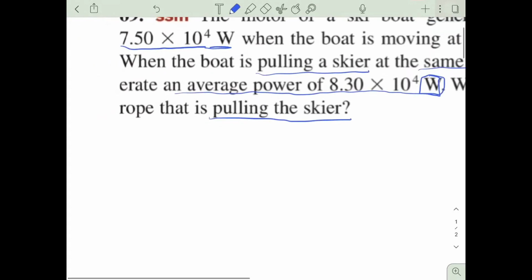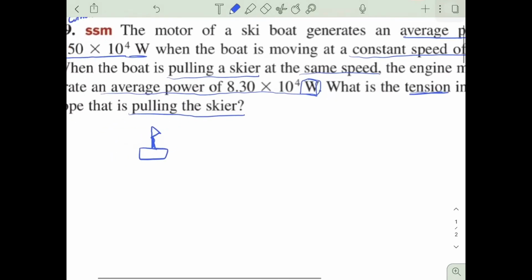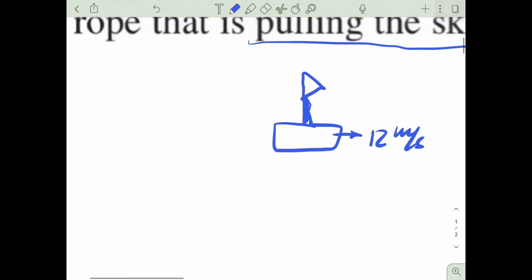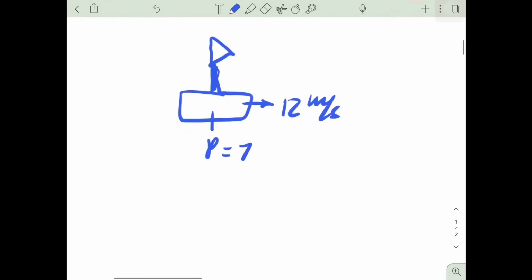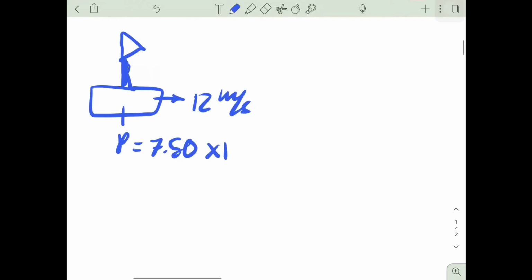So we can just picture it like this. The most awesome boat you've ever seen. Gorgeous. When the boat is moving at a constant speed of 12 meters per second, its power equals 7.50 times 10 to the fourth watts.